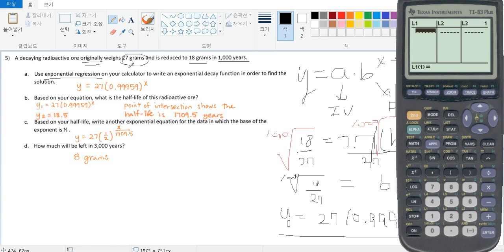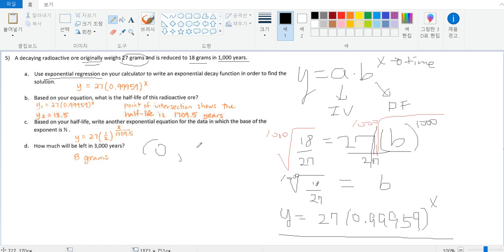Our data has 2 points with the given information. Originally weighs 27 grams means when time is 0, the mass of this ore is 27. After 1,000 years passed, the mass became 18 grams. So how do you choose the x value and y value? Why can't we let this be x and that be y?